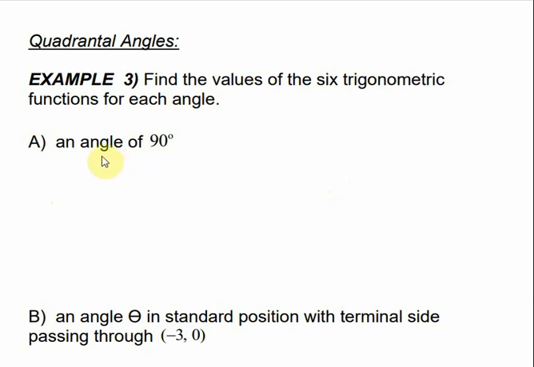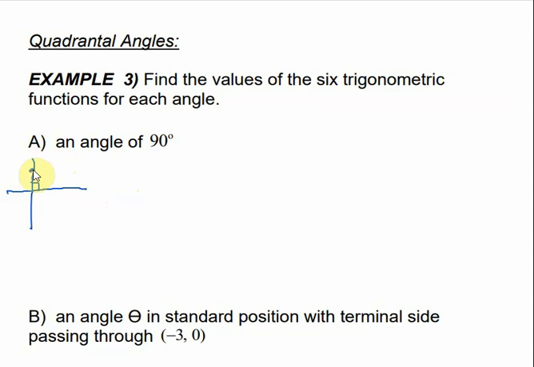So if we have an angle of 90 degrees, they're not telling us where it's located. If it's 90 degrees, forgive my not straight lines, then we know that point P lies somewhere up here.